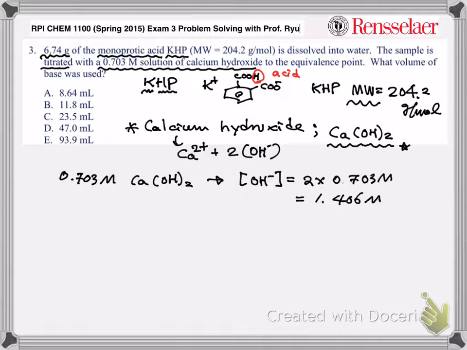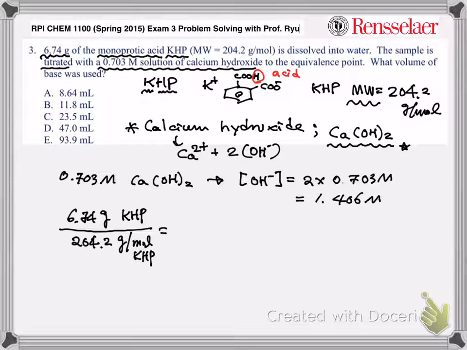And now you are given 6.74 grams of KHP, which is an acid, divided by its molecular weight, 204.2 gram per mole of KHP. That will give us the number 0.033 mole of KHP.